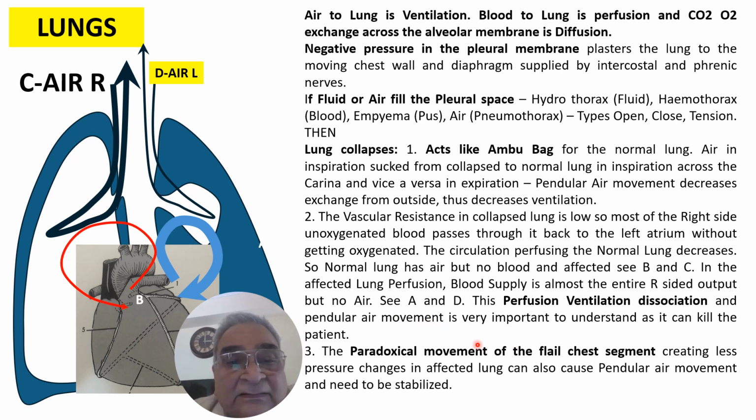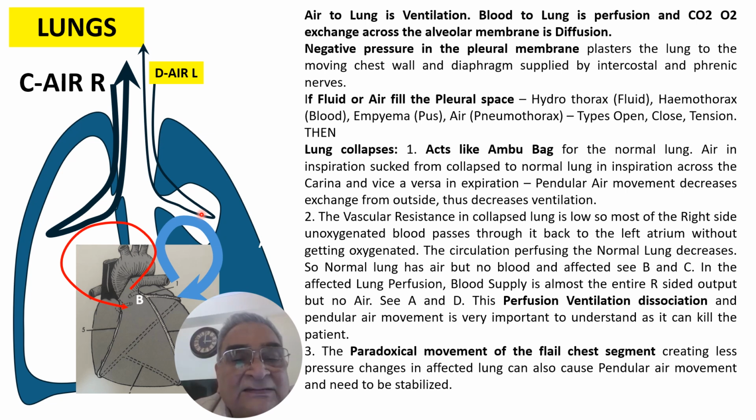Then in the third part, we have tried to explain the paradoxical movement of the flail chest segment. The flail chest segment, a segment of the chest, would be sucked in during inspiration and will be blown out during expiration, causing it to move paradoxically. So this paradoxical movement will cause less pressure changes on the affected side as compared to the normal side.